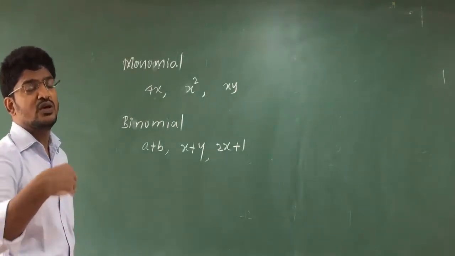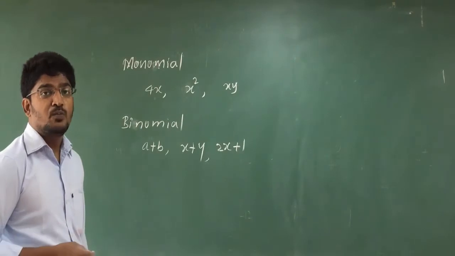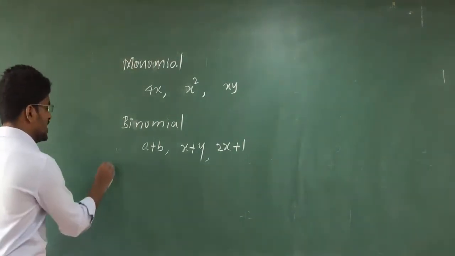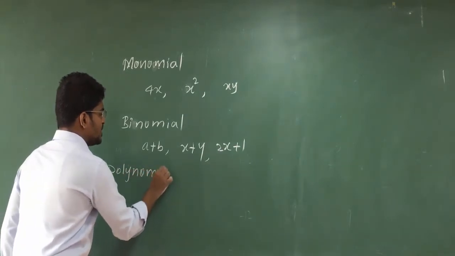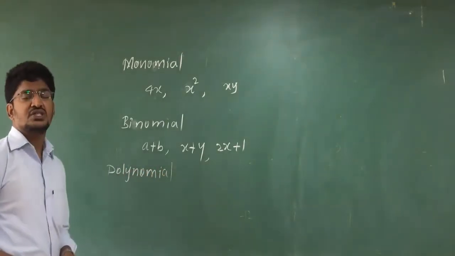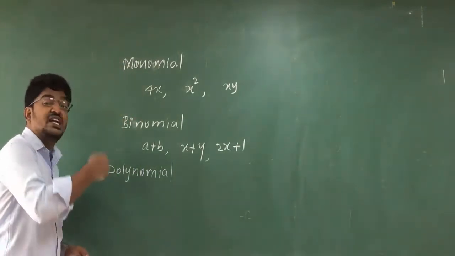Now let us write n elements. Clear? That means it is going to be the polynomial. So first let us understand polynomial. Polynomial means an equation or a function with n terms.